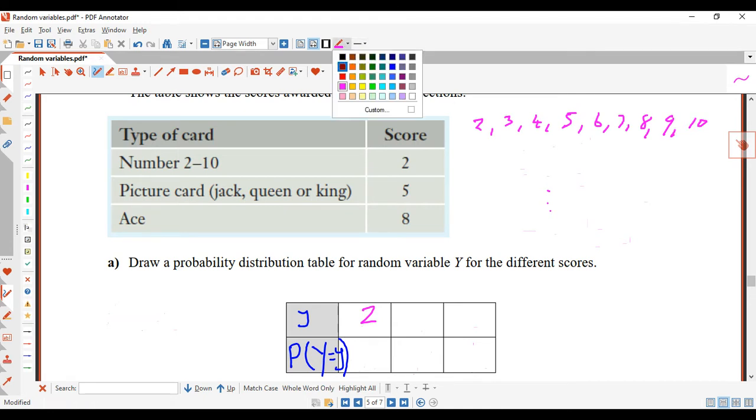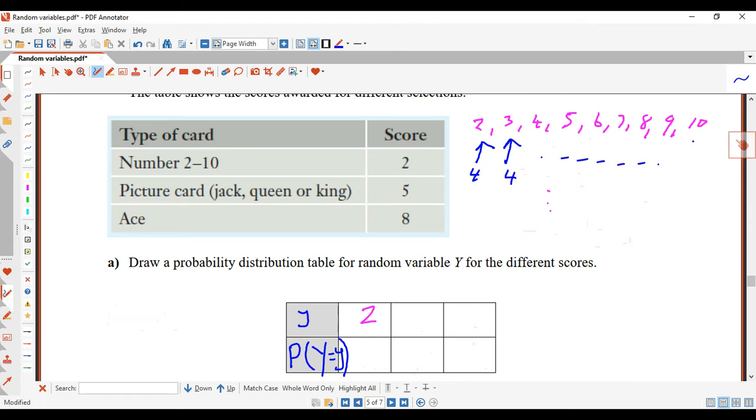Now, each one of those cards, there are 4 of them. So there are 4 2s. There are 4 3s, all the way to there are 4 10s. Okay, so altogether, there are 36 cards numbered 2 to 10. So the probability will be 36 out of a possible 52 cards.